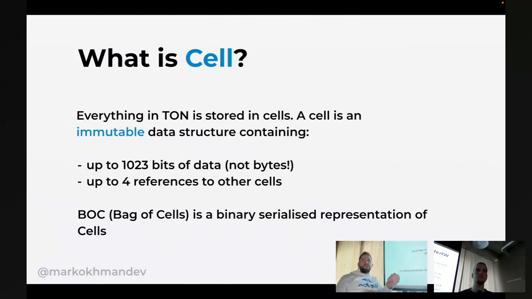You are given one cell at the beginning, and then you build your tree, and only you, as an engineer, know what the structure of this tree is going to be and what kind of data is going to be stored there. That's a good question actually, but it's important to know that you always start with one cell, even in the message body that we saw in the full message.